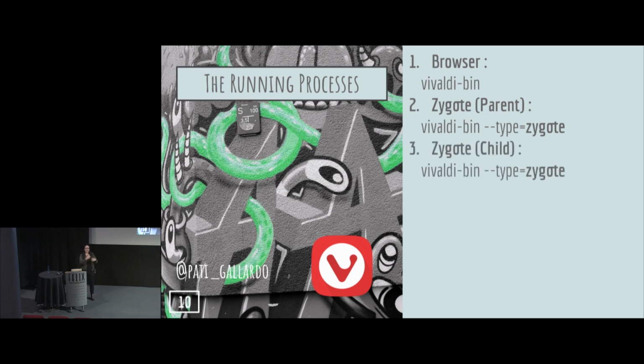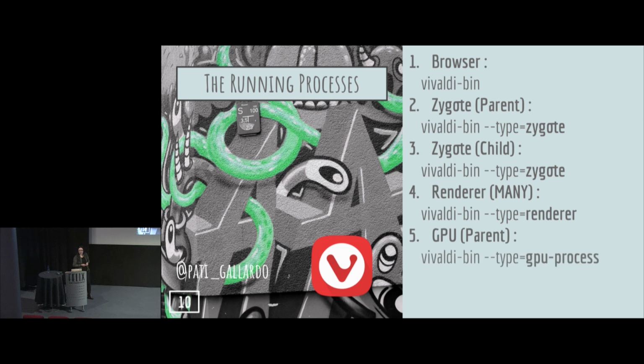The way you know which one is the parent or the child is that in ps, you will see that one is the child of the other. Then you will have many renderers, and they will have --type=renderer. The GPU parent will have gpu-process, and the child should have gpu-broker, but there's been a bug for a while that the broker word is missing, so it's called gpu- for some reason.